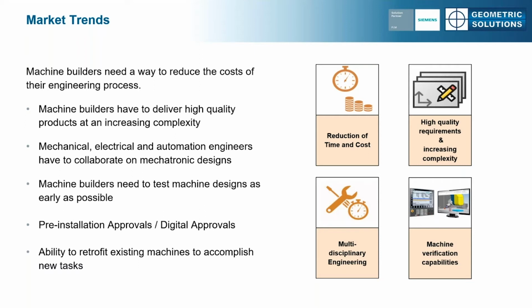Something else that we've found is some of our customers are being told that they have to have a digital pre-installation approval. So they have to have a digital twin that their customer can look at, and that's what they're going to sign off on. And this has increased with the COVID pandemic, as they're trying to get these buy-offs from across the globe, not having to travel.